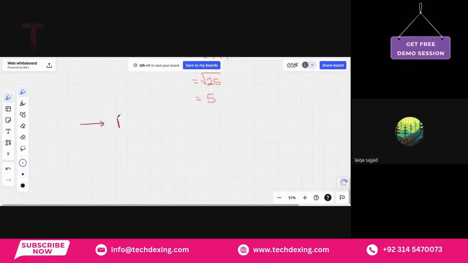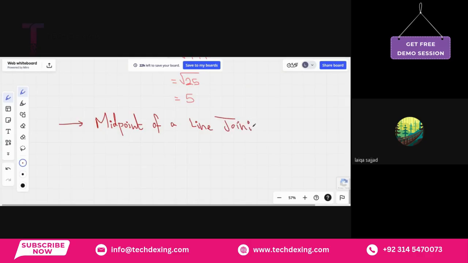This is where we will use the next formula, which is finding the midpoint of a line joining 2 points.